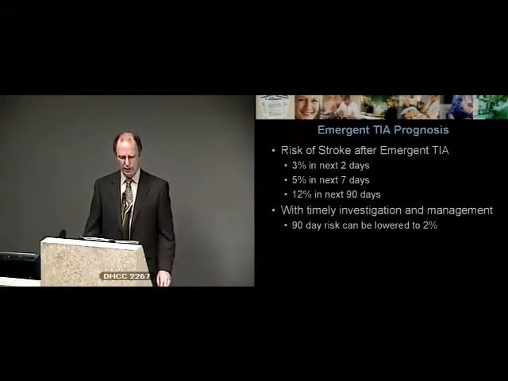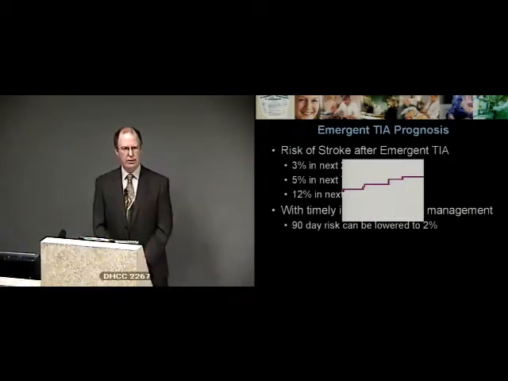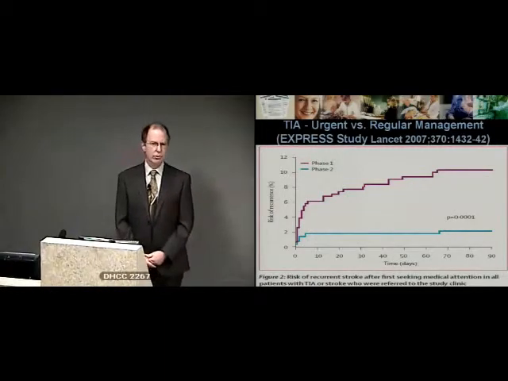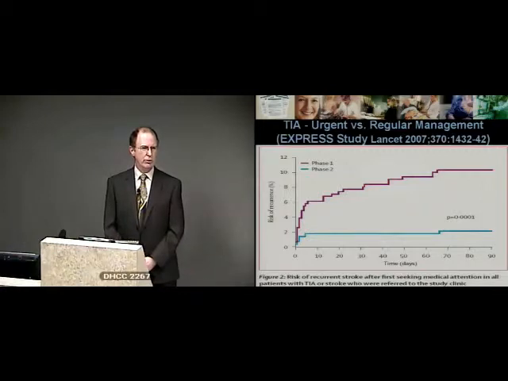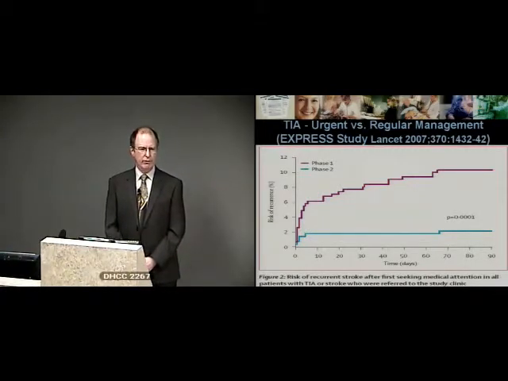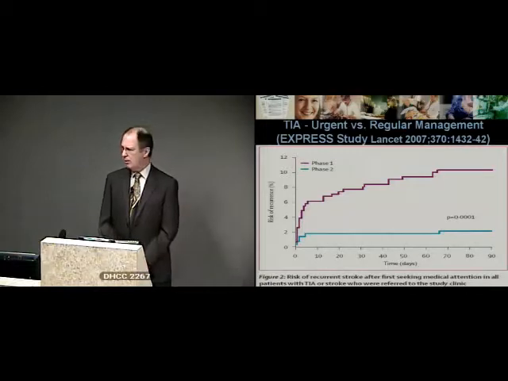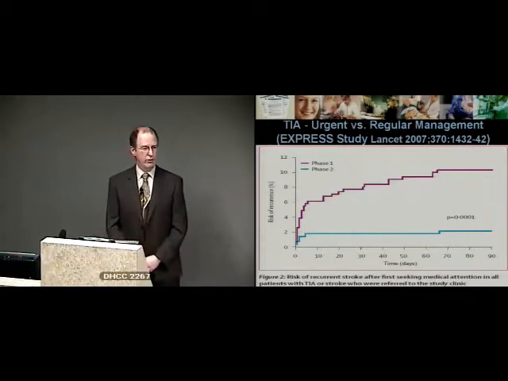Let's look at it in a different way. This is a graphic representation of that EXPRESS trial, and you can see from the purple line there, that was the usual care group. Now, even at usual care, these were patients who were seen in the office by their clinician, were referred, a referral was faxed to a TIA clinic. They were seen in the TIA clinic between 1 and 7 days, and then had their investigations and were put on treatment.